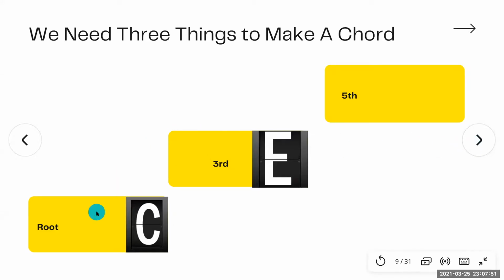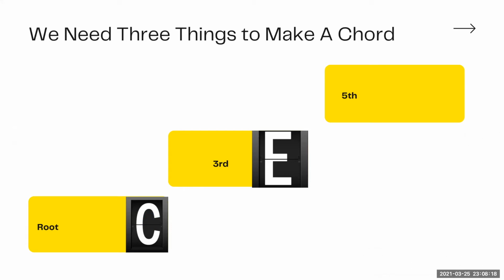When we have something in root position, it's on the bottom, and it's the strongest part. A tree without roots, man, it's not going anywhere, and it's going to shrivel up and die. In a chord in root position, we have the strongest note in that key on the bottom, giving us the bass.